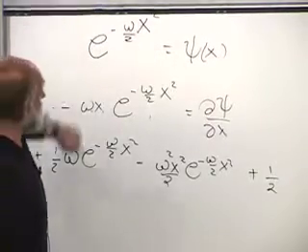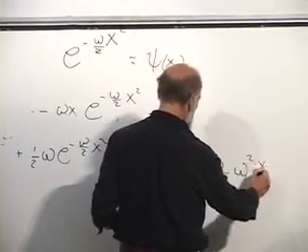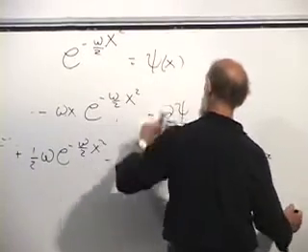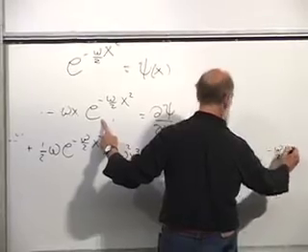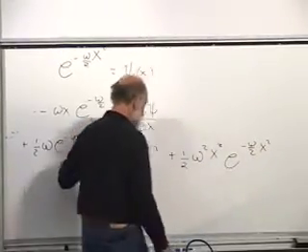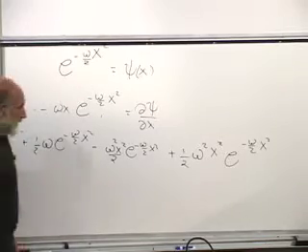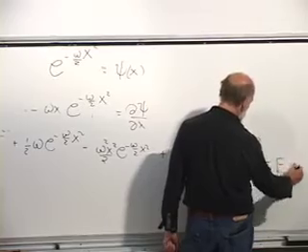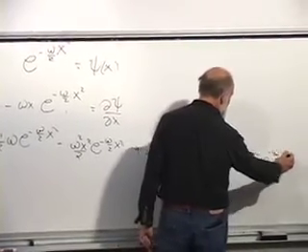Then there's plus omega squared x squared times psi. Psi is e to the minus omega over 2 x squared. And that we would like to be e times psi, e times e to the minus omega over 2 x squared.